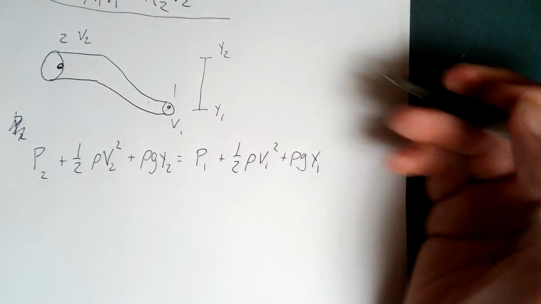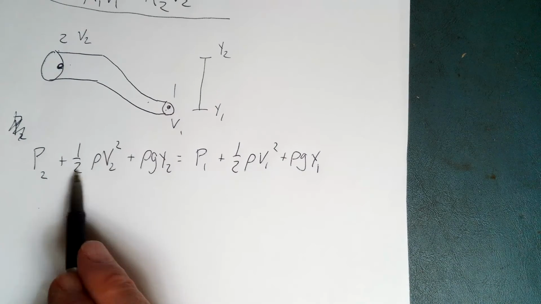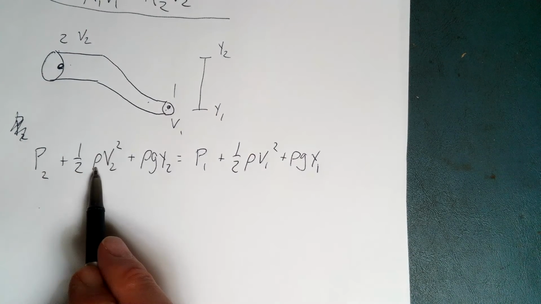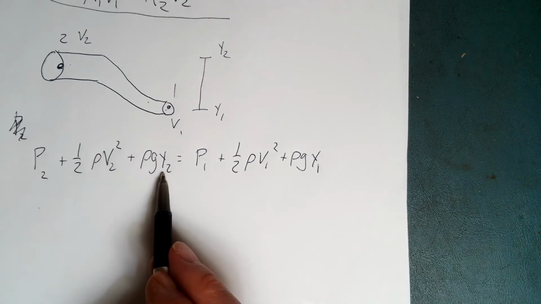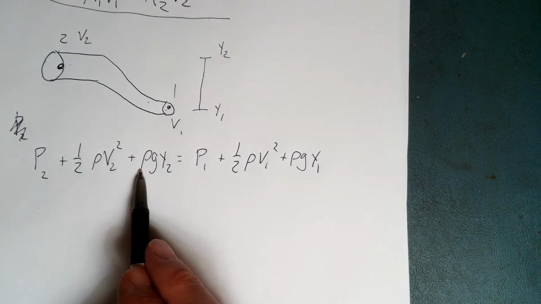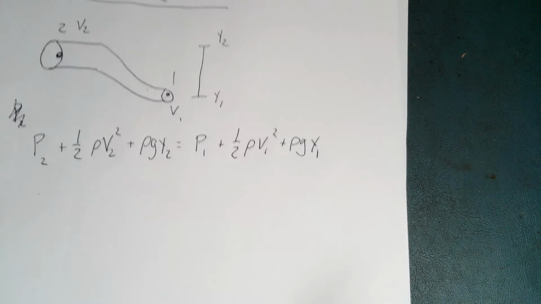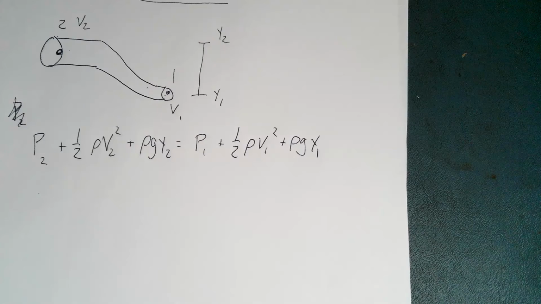So that looks like a kinetic energy term, except with density instead of mass, and that looks like a potential energy term, again with density instead of mass. Okay, now example 1014.